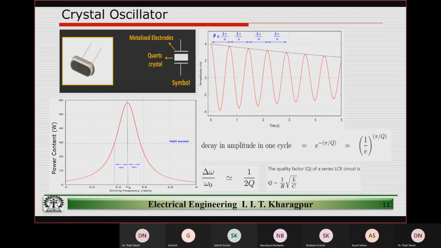There is one more important criterion that I have not mentioned, which is the power consumption of the oscillator. Can you understand that if the quality factor is bad, that circuit will end up consuming more power?